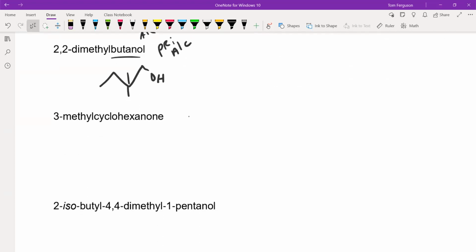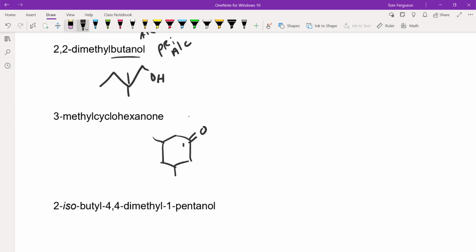Okay, cyclohexanone. Here we are with the hexes again. We have a 6-membered ring, and it's a cyclohexanone, so let's stick the carbonyl someplace. That automatically means that's carbon number 1. So we need to go 1, 2, 3, or 1, 2, 3 down here.